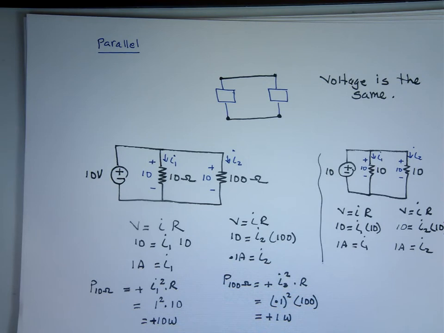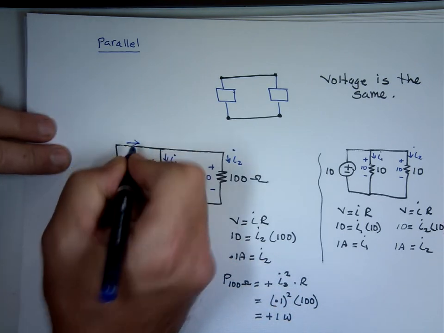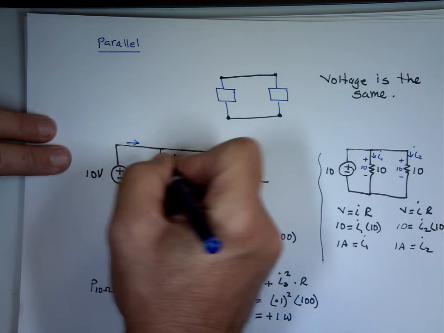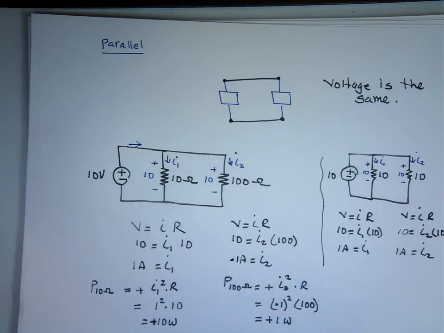Well, let's look at the source, that 10 volts. Now keep in mind, there's current coming up, moving in this direction. That current gets to this junction and splits. Some of it comes down this way, some of it goes down that direction. So what's the value of that current? Anyone? I1 plus I2. Yes, I sub 1 plus I sub 2.